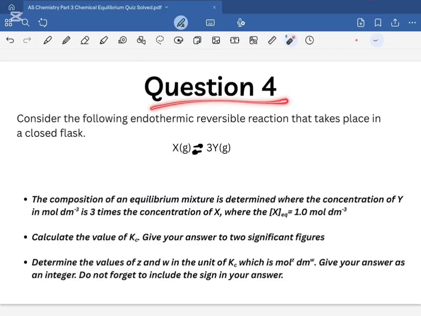Now, question 4, consider the following endothermic reversible reaction that takes place in a closed flask. The composition of an equilibrium mixture is determined where the concentration of Y in mole dm^-3 is 3 times the concentration of X, where the equilibrium concentration of X is equal to 1 M. Now they asked us to calculate the value of Kc and to give the answer to two significant figures.